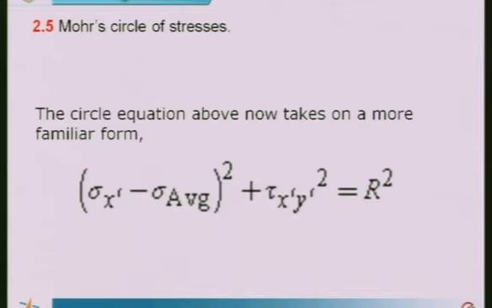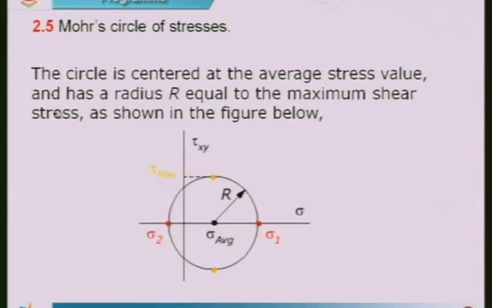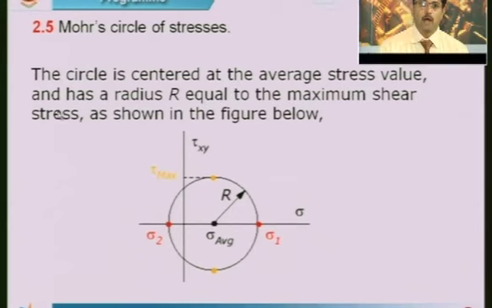Now we have this equation, which I have just derived. Here the circle is centered at the average stress value and has a radius r equal to the maximum shearing stress, as shown in the figure below. If you look at this figure, the x axis is the normal stress, represented as sigma, and the y axis is the shearing stress tau xy.